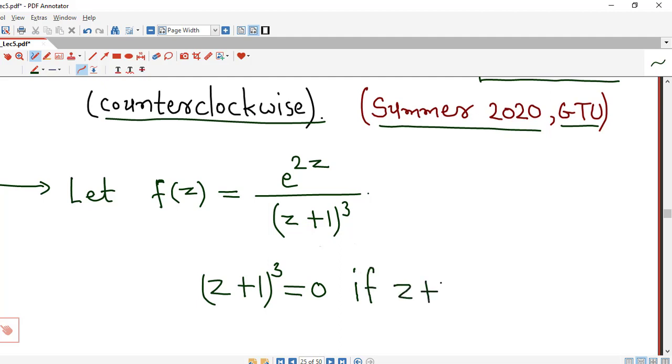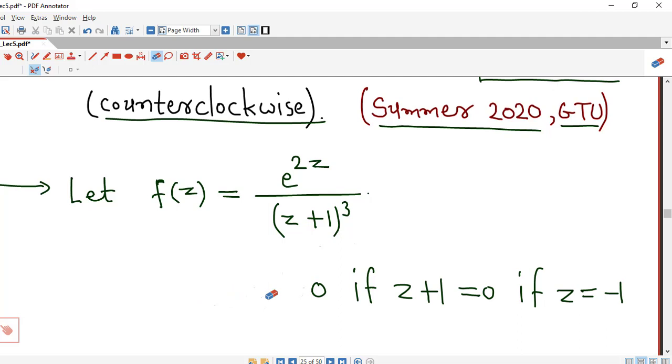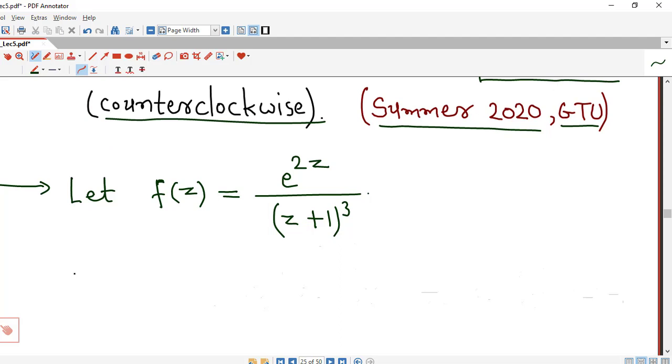That means z plus 1 is 0. That means z is minus 1. So z equal to minus 1 is the only point at which f of z is not analytic. So f of z is analytic everywhere except z equal to minus 1.